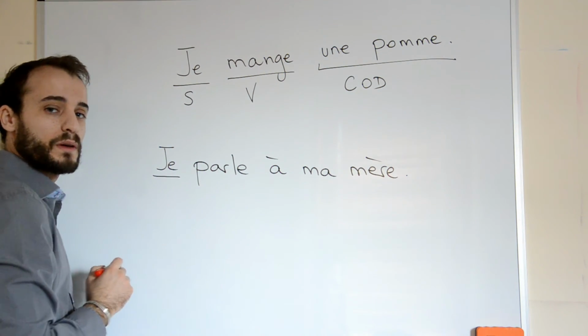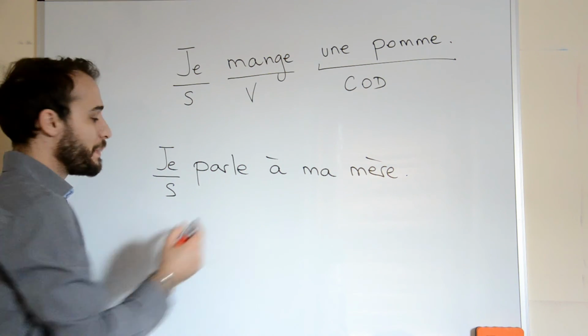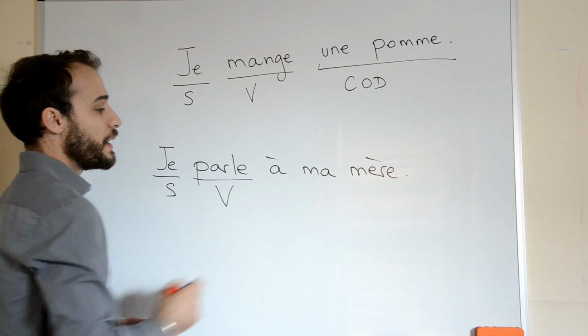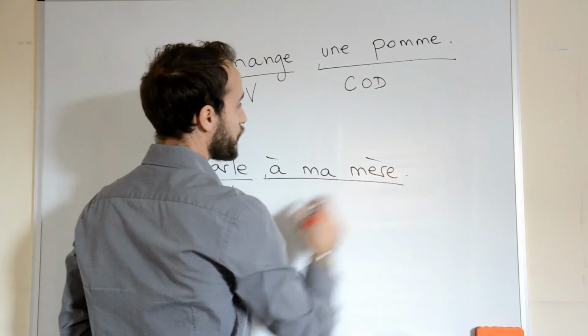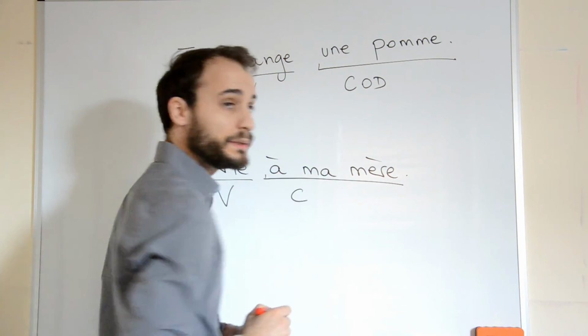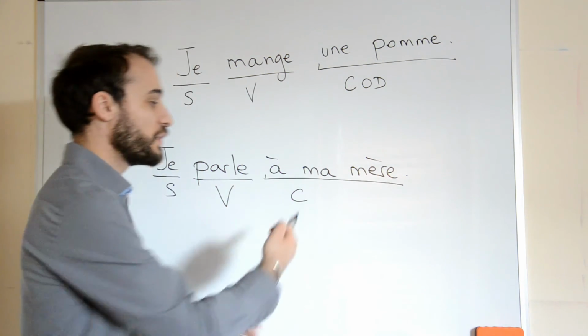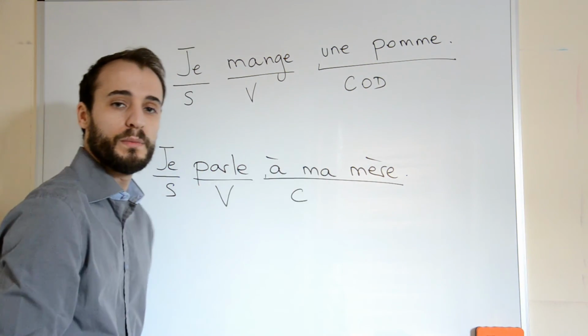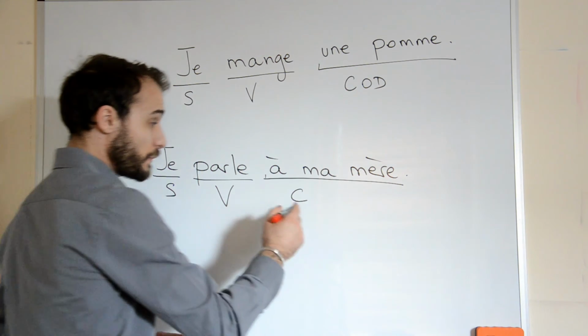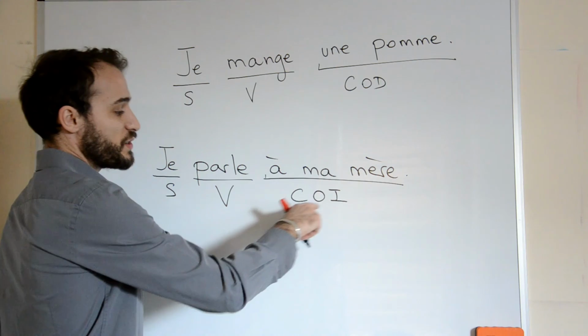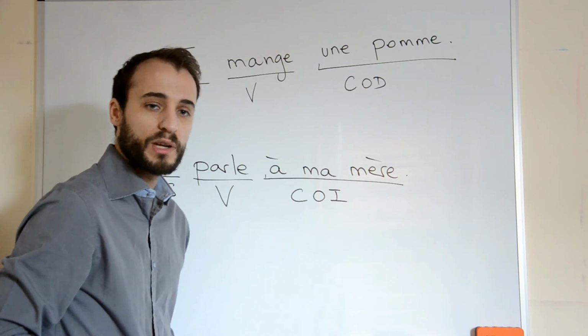Je is the subject, parle is my verb. À ma mère, it's a complement because it does answer the question to what, to whom. In this context it is to whom, okay. And it is an object, but it is indirect.